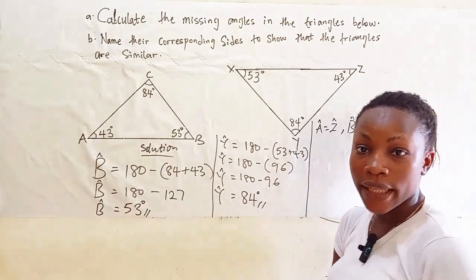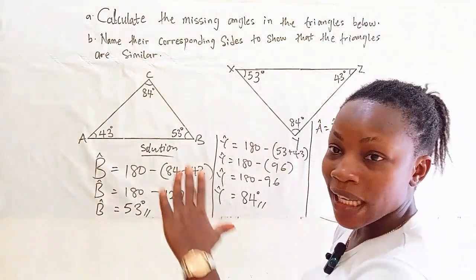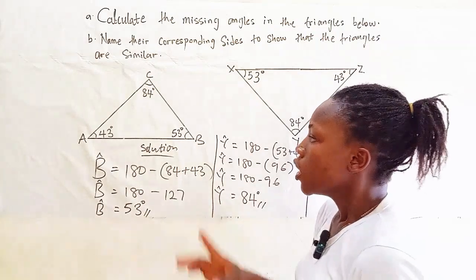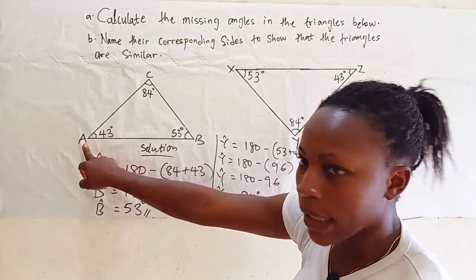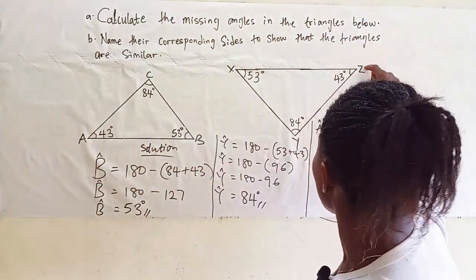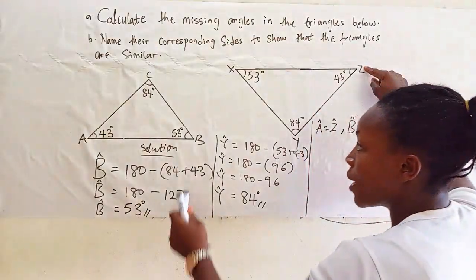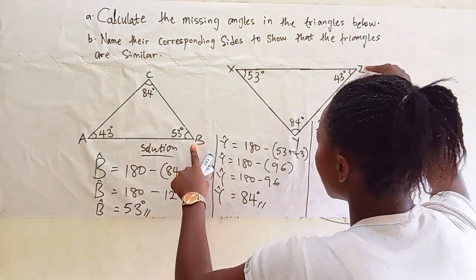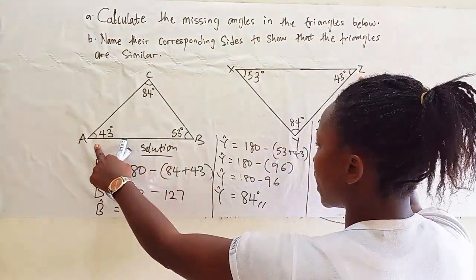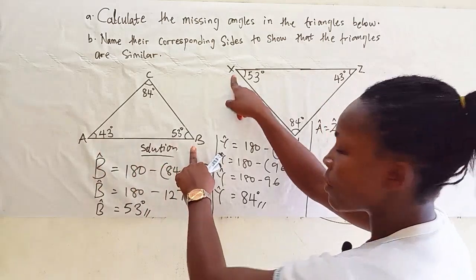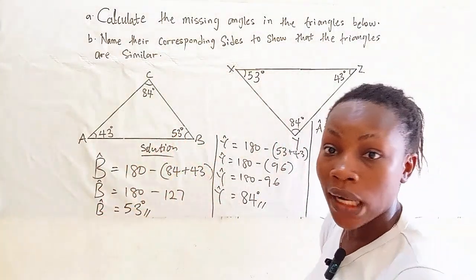So, in naming them, if you watch, our A here is our Z here, while our B here is our X. Our A is our Z. Our B is our X, because they have equal angles. Okay?